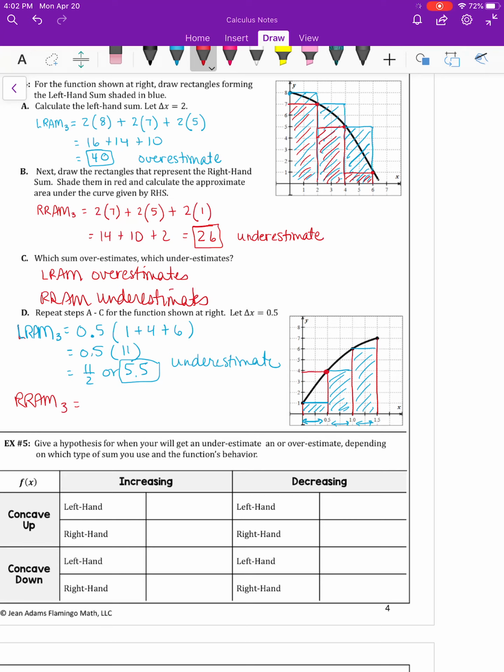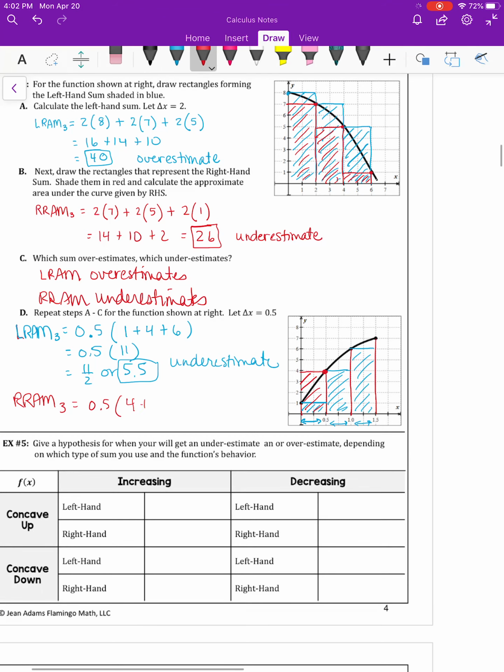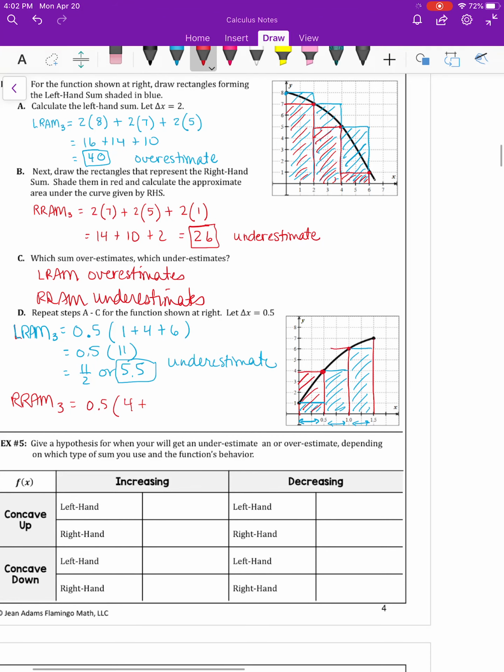And we can see that that is an underestimate because it is an increasing function. Now we're going to do our RRAM in red. And so we're going to choose the right-hand side and go over, and then we're going to calculate that. All of them are 0.5, right?